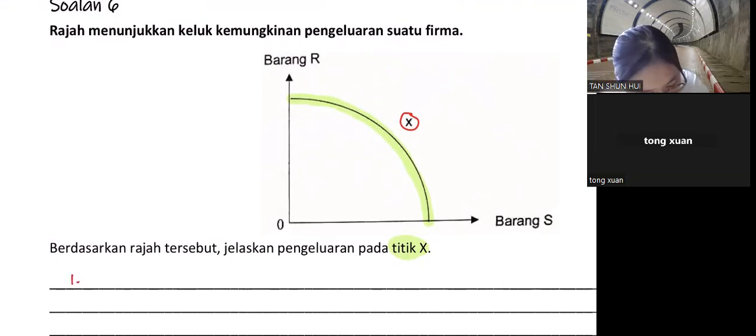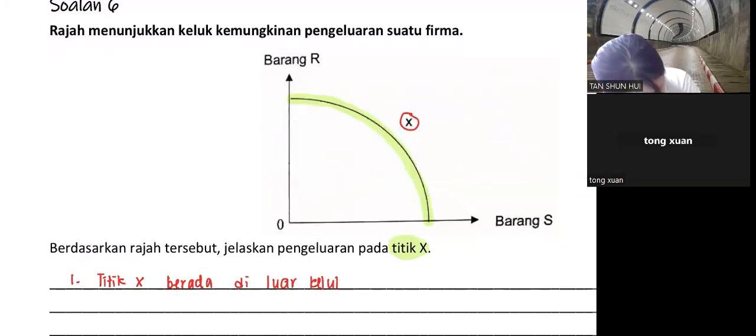So your first mark, you should tell me they are outside of the curve. Right? You say, oh, okay, titik X berada di luar keluk kemungkinan pengeluaran. It's outside.